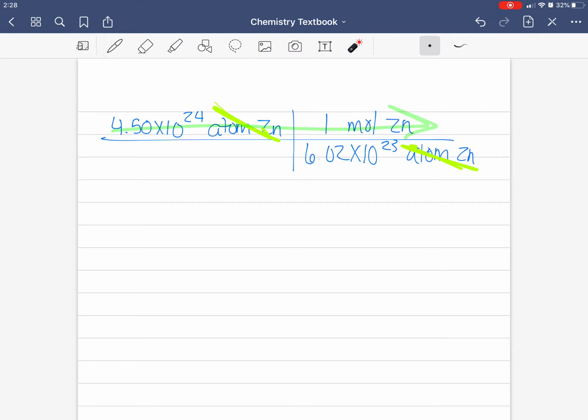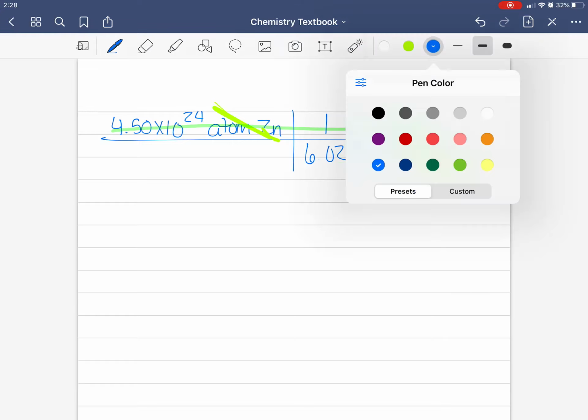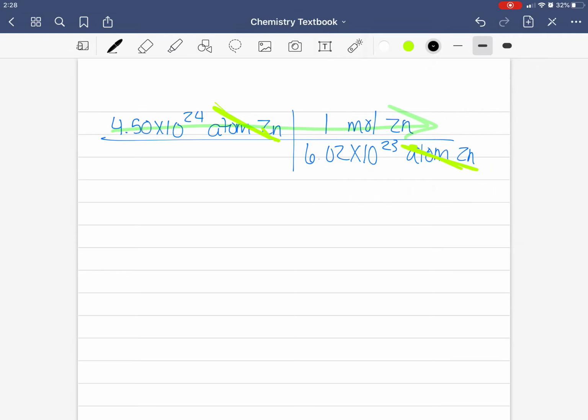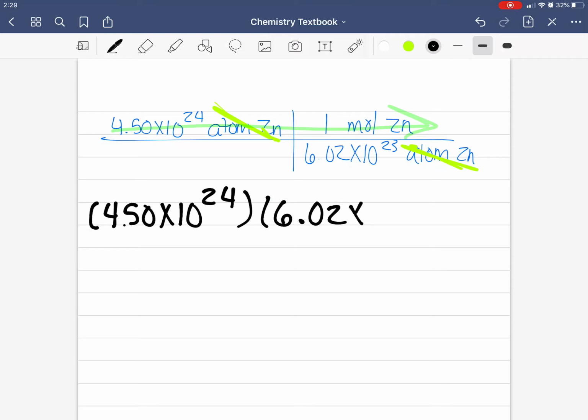So this is where typing it in scientific notation helps. Okay, let's see how it would look in the calculator. In the calculator, it would go like this: 4.50 times 10 to the 24th, and then this is division, so you're going to divide it by 6.02 times 10 to the 23rd.